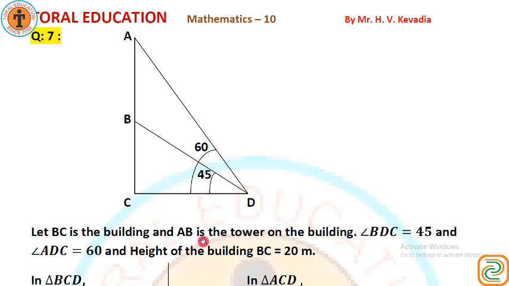BC is the building and AB is the tower on the building. Angle BDC is 45 and angle ADC is 60. The height of the building BC is 20 meter, as given.